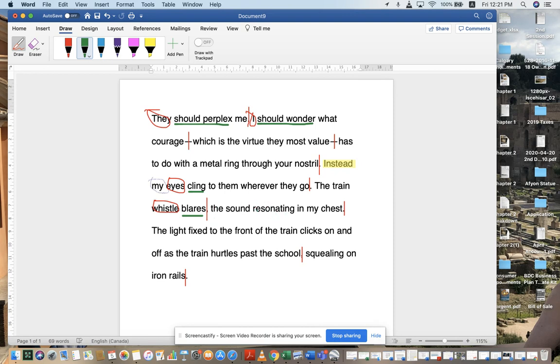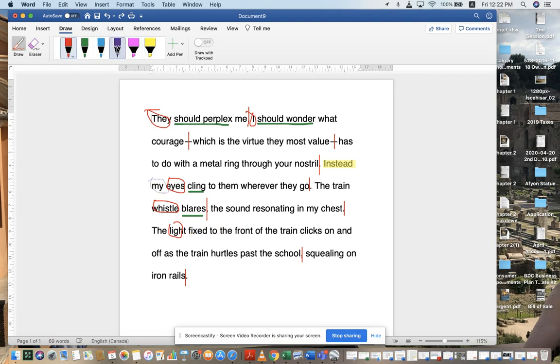Now here we would expect to see a subject and predicate, but remember that this is just a participle because it does not have any auxiliary verb, so we're not going to touch this yet. "The light," so there's the subject, and "fixed" the predicate. Now I see an "and," but we see "on" and "off," so yeah, this could be a predicate: light fixed to the front.